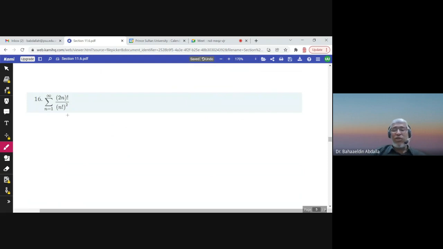One last question about the ratio test. Let us find a_{n+1}/a_n, the absolute value, everything is positive here. So I have (2n+2) factorial over ((n+1) factorial) squared. Whenever you have a factorial, you immediately use the ratio test.